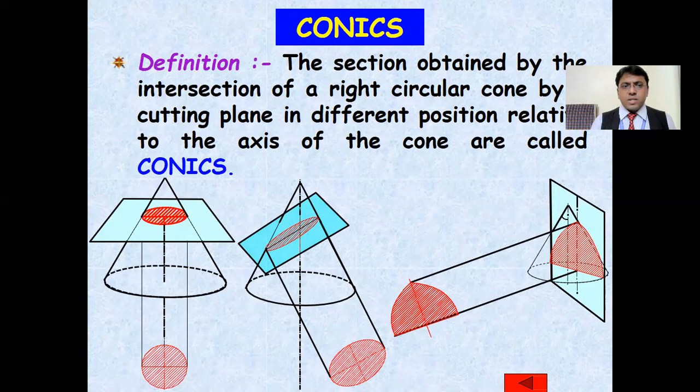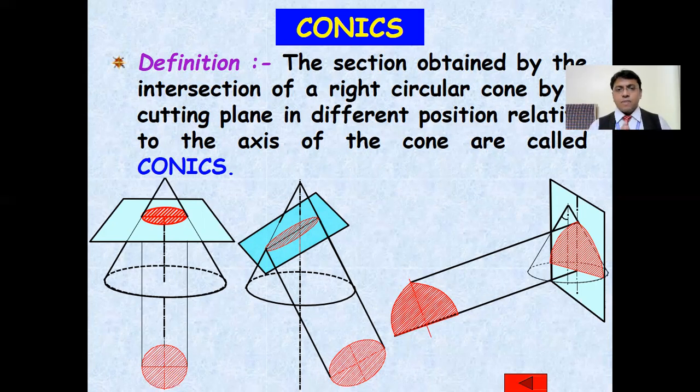Here, conics can be understood with the help of different cutting planes, which cut that solid into different positions. What will be the outcome of the respective cut surface? The section obtained by the intersection of a right circular cone by a cutting plane in different positions relative to the axis of the cone is called the conics.